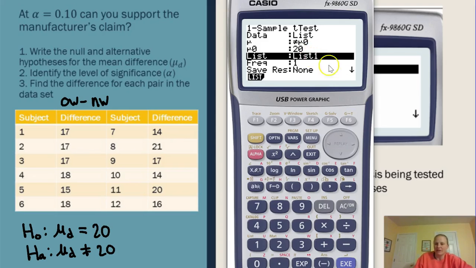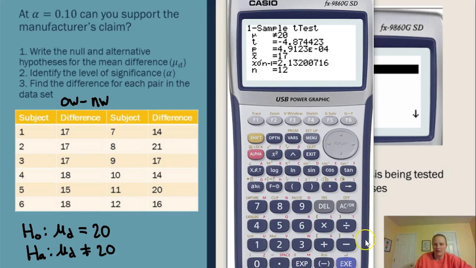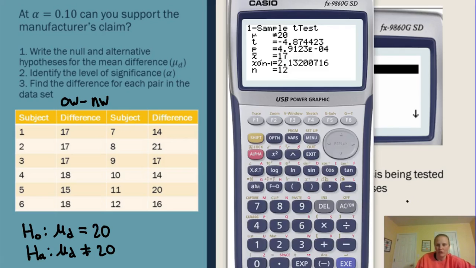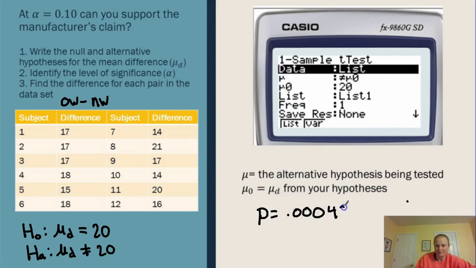We typed our stuff into list 1, and then you'll see what looks familiar. There's our p-value, 4.9123e-4. Remember, that means it's scientific notation, so I would move this decimal 4 places to the left, and so my p-value here would be 0.00049.